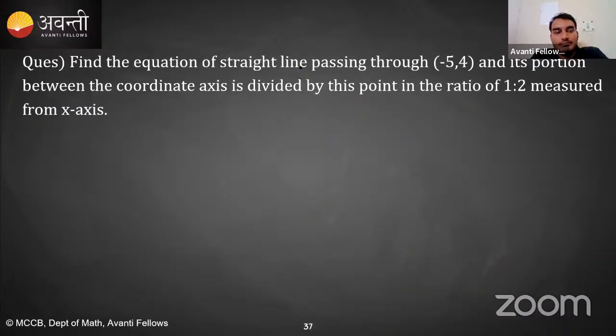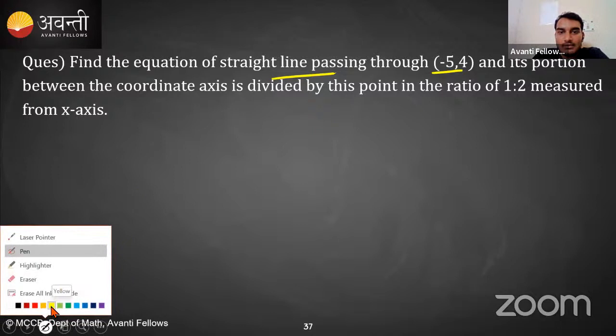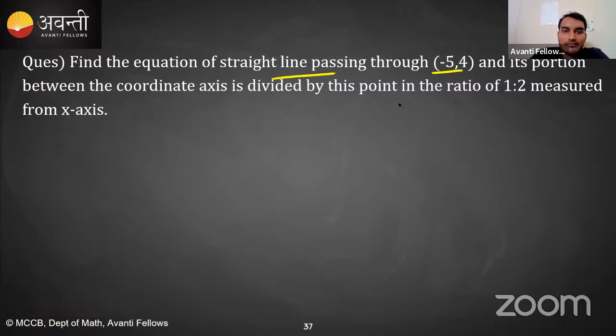Now one more question. The question is saying: find the equation of a straight line passing through (-5, 4) and whose portion between the coordinate axes is divided by this point in the ratio 1:2 measured from the x-axis.